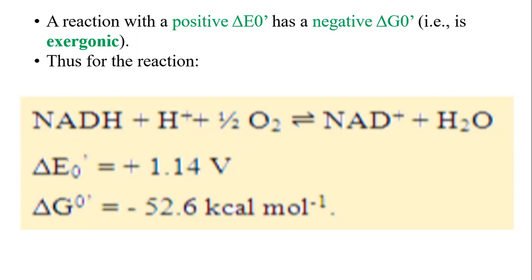Where delta G naught is negative, this reaction is exothermic. Means lot of energy is being produced as a result of this reaction, that is oxidation of NADH into NAD+.